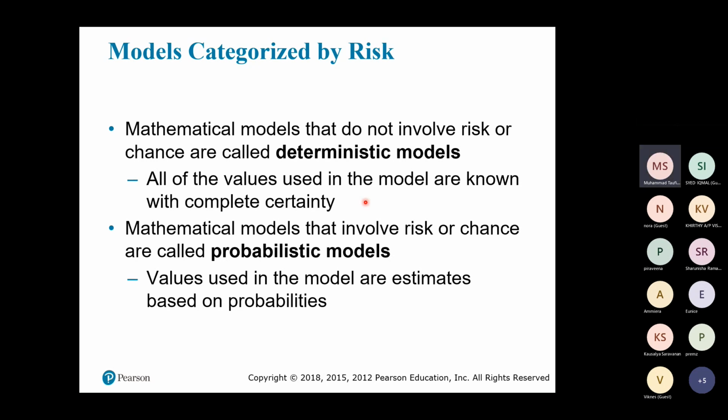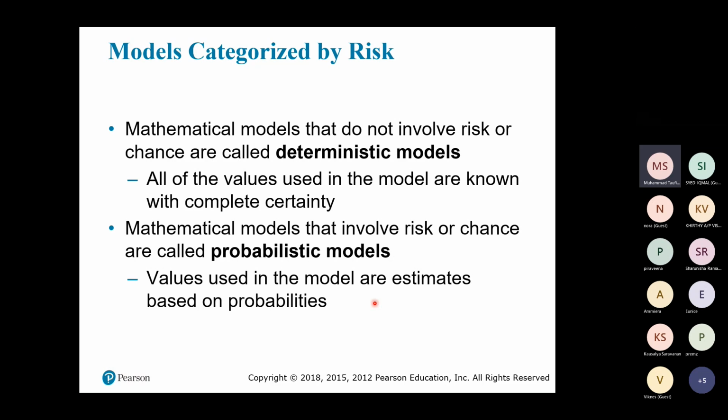Once you have this kind of data, your model automatically becomes a probabilistic model. The values used in the model are estimated based on probabilities, because you're only 80% sure the data is correct. Another 20%, maybe the data is incorrect.